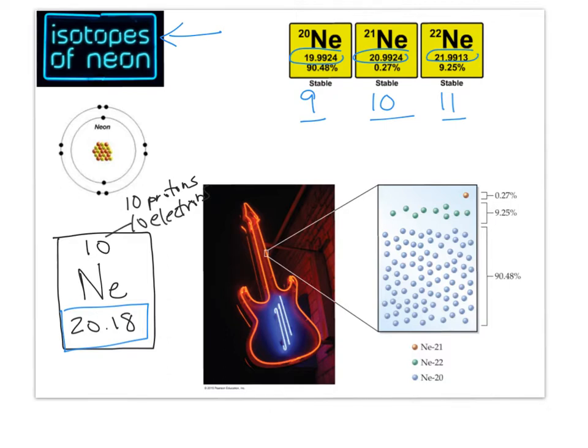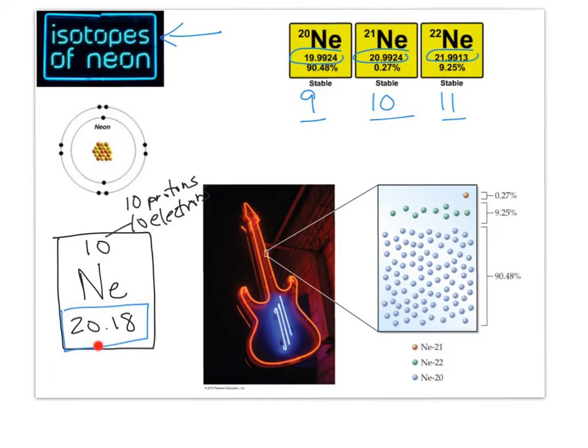So what you need to take from this idea of isotopes is that the number of protons in an element never changes. It's always consistent, it's always the same. But there are different versions of the elements, and those different versions, the neutron number will change. And when the neutron number changes, the mass of the element changes slightly.